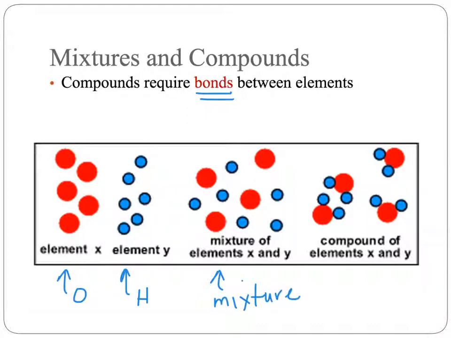You need to have bonds form between the oxygen and the hydrogen, connections made between the two atoms before you actually get this compound. So remember that when we're talking about a compound, that means that we have bonds forming between the elements. They aren't just together in the same container.